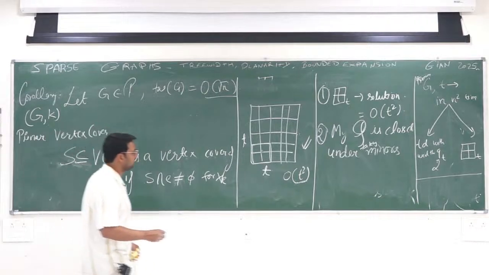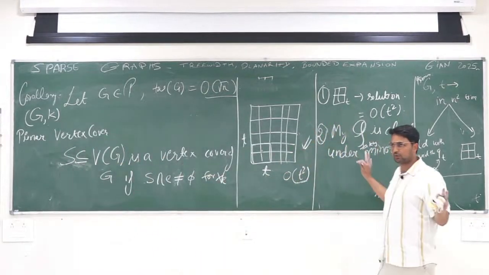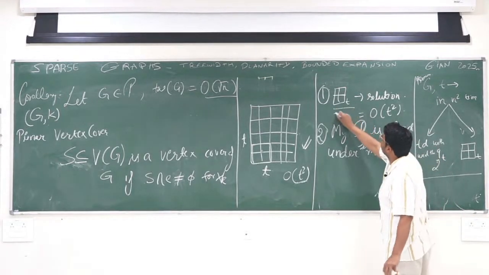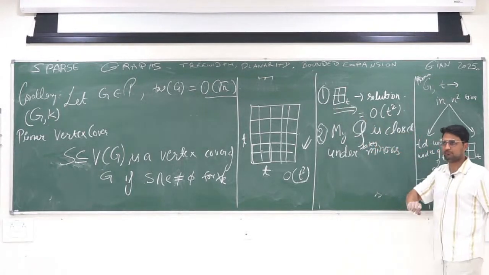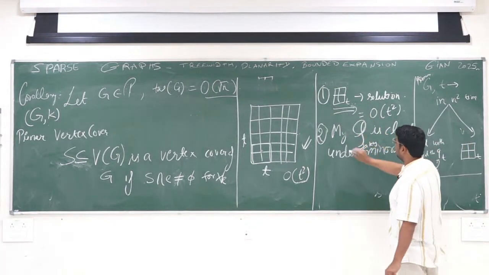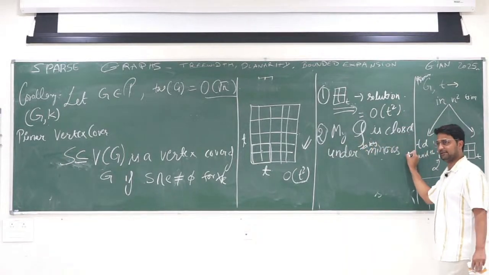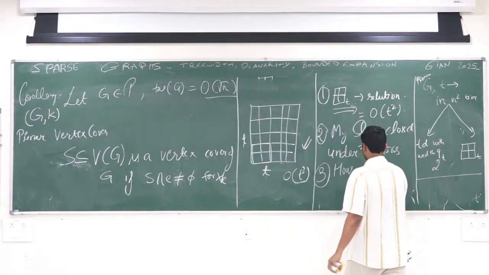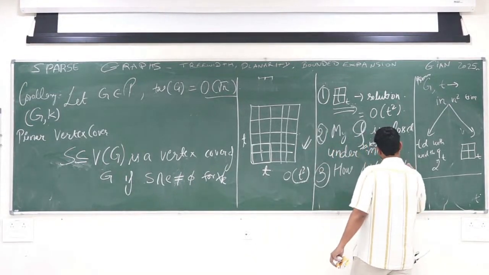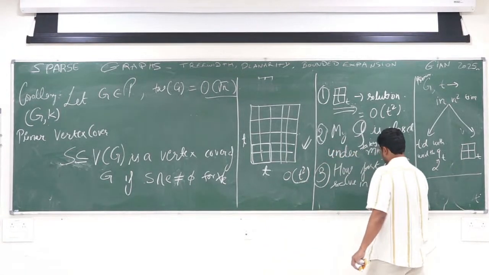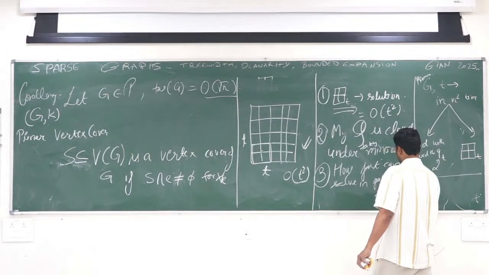And the third question is, whenever I want to solve such a question, I should ask myself some questions. First, in a grid of size t, what should be my solution? Second, is my problem closed under taking minors? And third, how fast can I solve it in graphs of treewidth t?